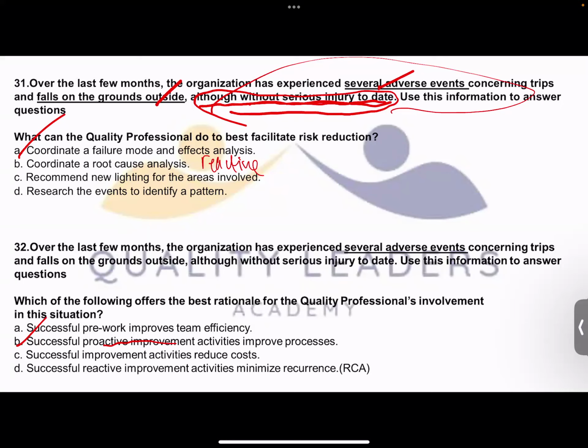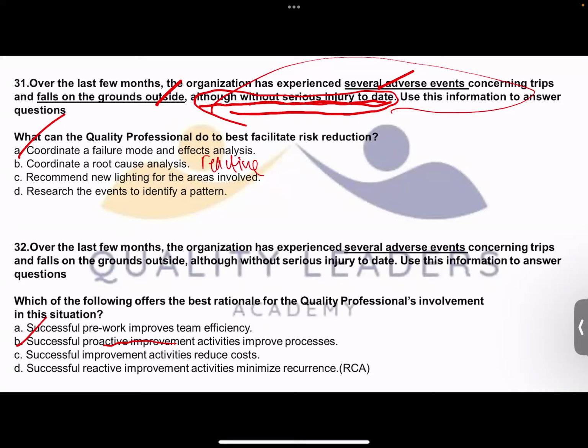And this situation calls for proactive measures since the incidents have not yet resulted in serious injury. Actually, this is also interrelated to the previous question, so it is more on the proactive approach.